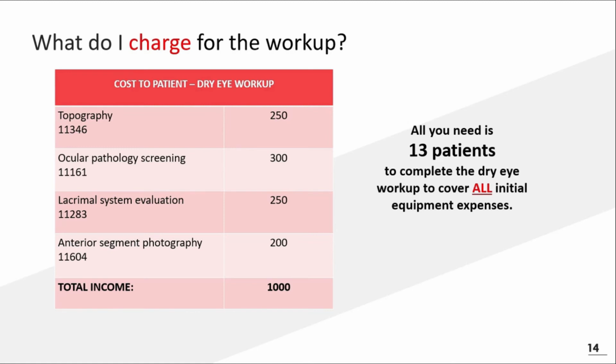That would mean that if you have done 13 patients through a workup, your expenses have been paid for. Everything after that is profit. And guys, let's be honest, 13 patients are not a lot. You can do 13 patients really easily. We spoke about doing 2 patients per day. So you could do this halfway through a month. And then everything else you do after that, you've pretty much paid all of your expenses.